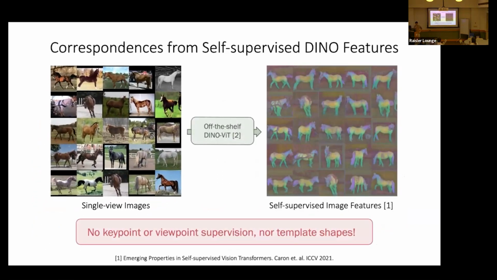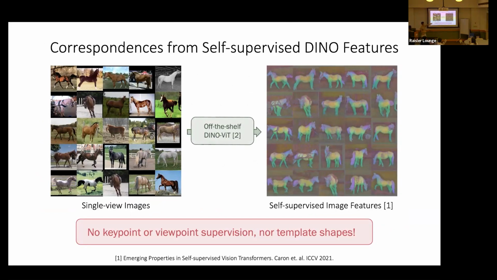The key there was to distill correspondences from self-supervised image features. We used DINO, and the good thing about these DINO image features, although they're not trained with any labels at all, is that if you take the PCA of these features, this is what you obtain on the right.